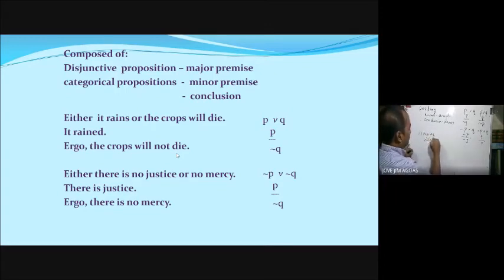Denying process is like this. Minor denies, conclusion accepts. So it's the reverse.